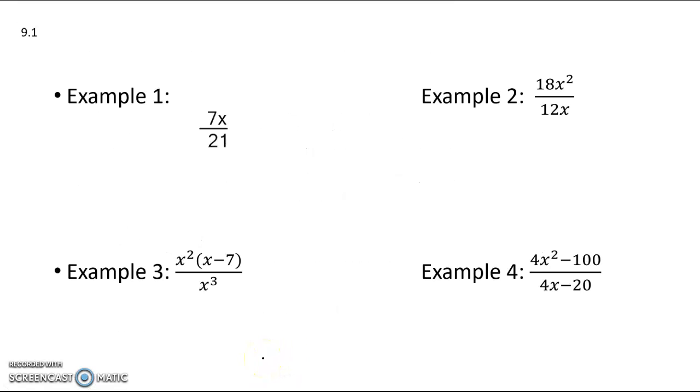Alright, let's take a look at what some of those steps look like. For this first example, the first thing I'm always going to do is, if I see addition or subtraction, I'll put parentheses around it. But I don't have any addition or subtraction here.